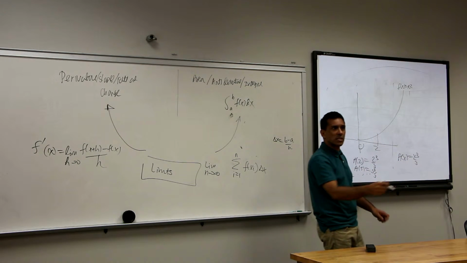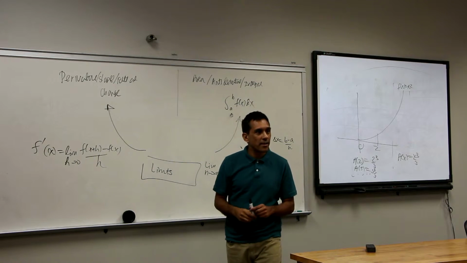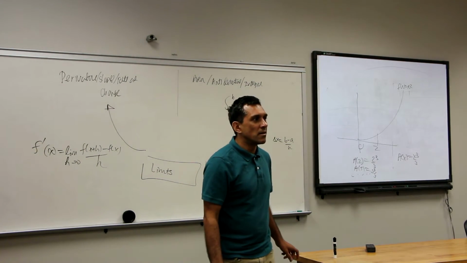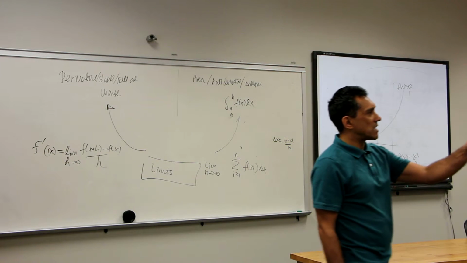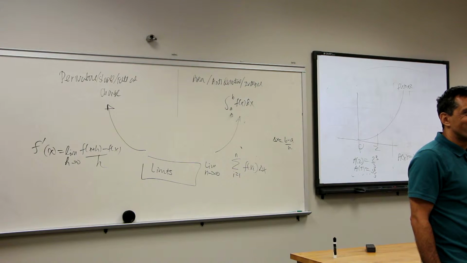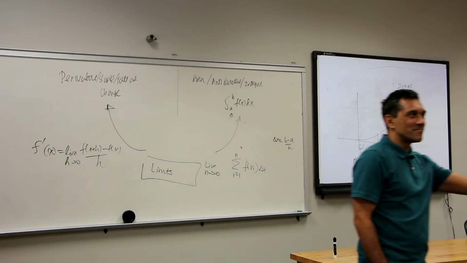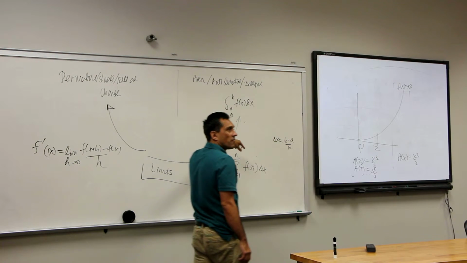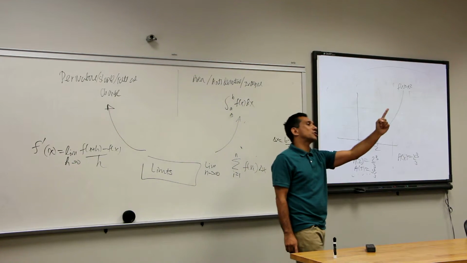What is the derivative of x cubed over 3? x squared. Does this always work? Yes. It is called the fundamental theorem of calculus. You don't have to do this nonsense. Find the area function.